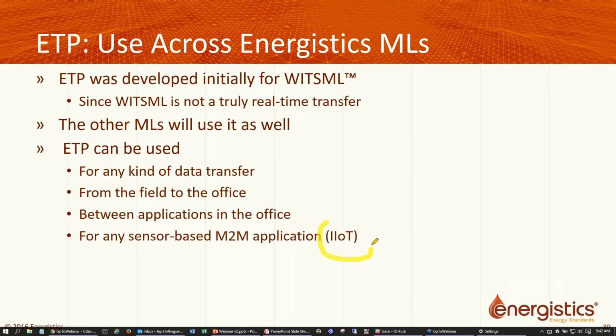You hear about this IIoT word in the press, and the truth is we looked at all of the existing protocols that are out in the marketplace today, including the two newest ones, which is Distributed Data Services from the Object Management Group and something called NiFi, which is an Apache project. But none of them have the features that the oil and gas industry needs to be able to move real-time data effectively. So Energistics, by having created this transfer protocol, is starting to gather some interest outside of Energistics.